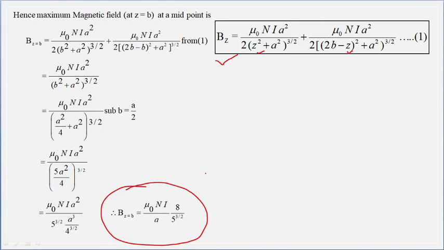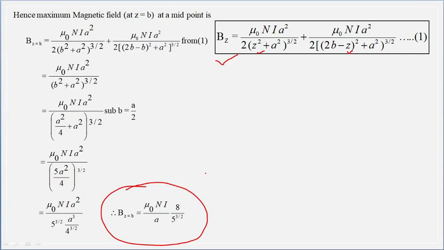So that will be the field when you keep two identical coils. Identical coils means they have the same radius, the same number of turns, and the same current flowing in the same sense, so the field will get added up.